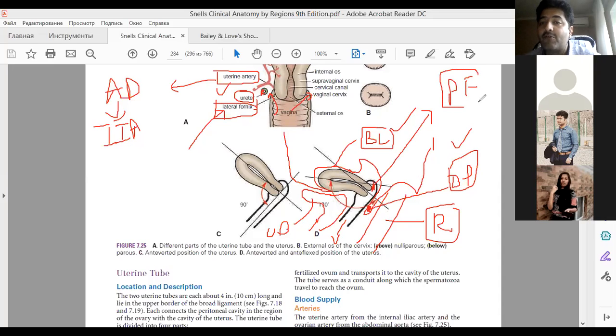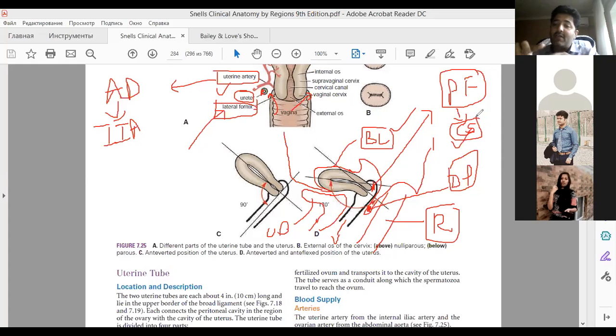So the posterior fornix we use for the culdocentesis process. You remember it? Yes, sir. So for culdocentesis you are using the posterior fornix. And the lateral fornix of the vagina is in close relation to the ureter, because if you accidentally enter through the lateral fornix, you are going to damage the ureter.